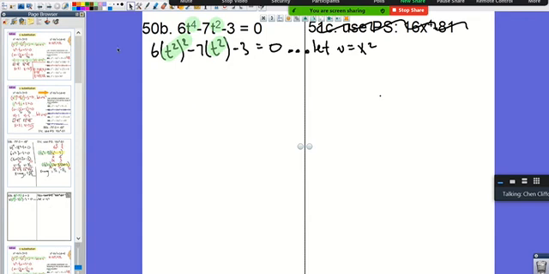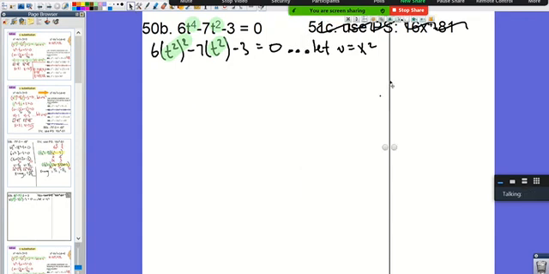Okay, let's move that. And now we're going to get 6u squared minus 7u minus 3 equals 0. Okay. So that to me, that's really the only new part.